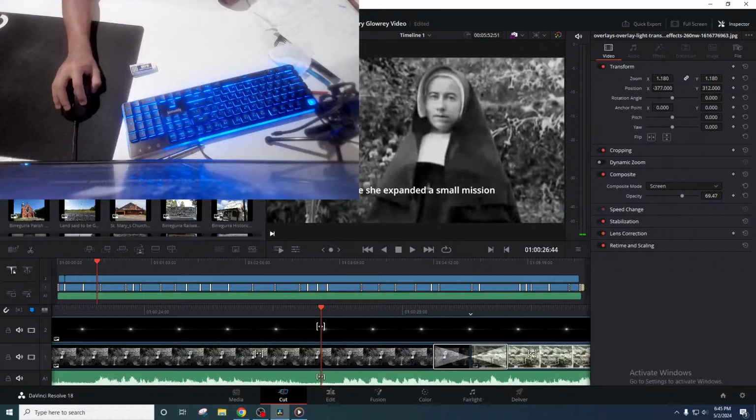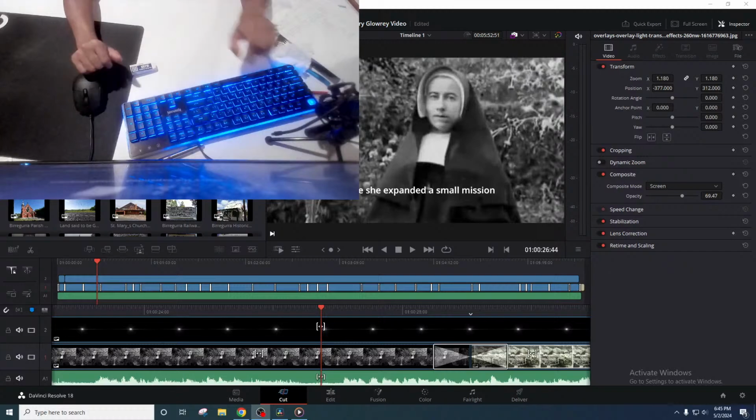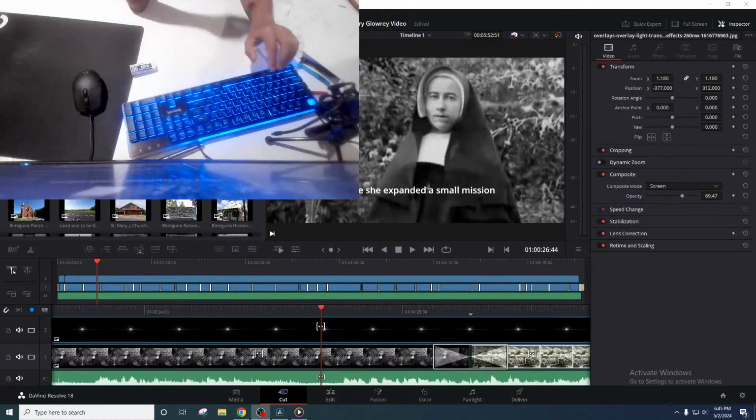What we can do is use a colored picture, like this one. Let's see what this is. Well, I'm using my second monitor, so you probably can't even see what I'm doing right now.